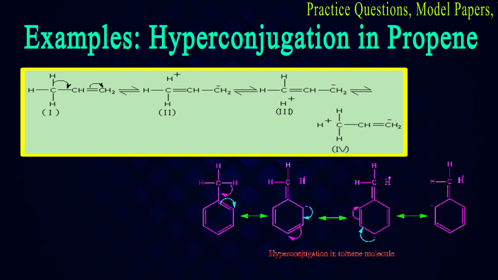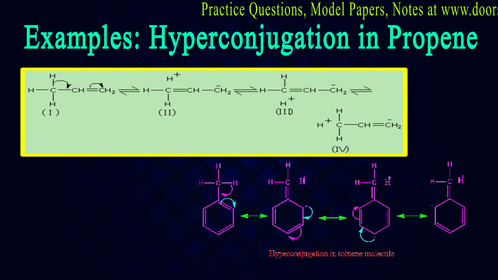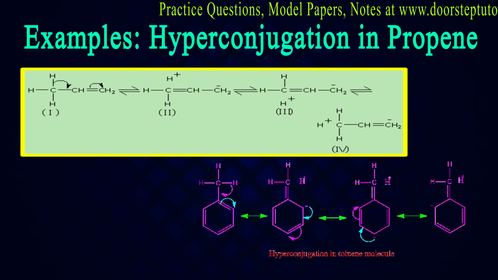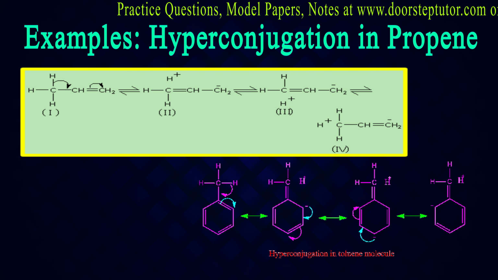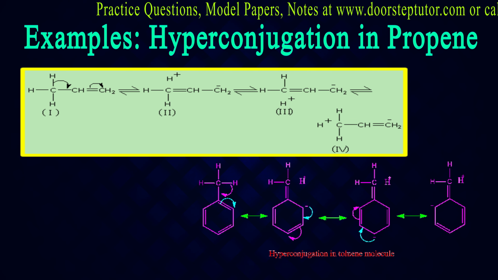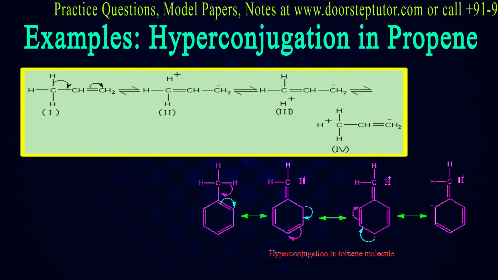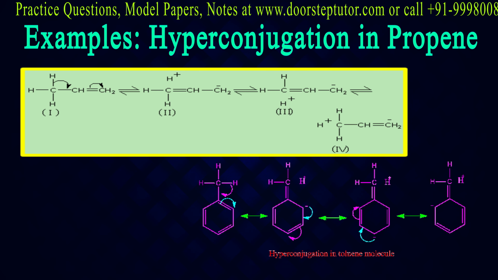Similarly, in the third structure, another hydrogen of the alpha carbon is having the positive charge on it, and in the fourth structure it is a different hydrogen, but the process which is happening is the same. Here we can clearly see that there is delocalization of the sigma electrons present between the carbon and hydrogen.